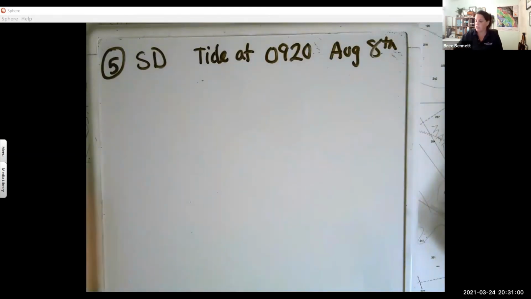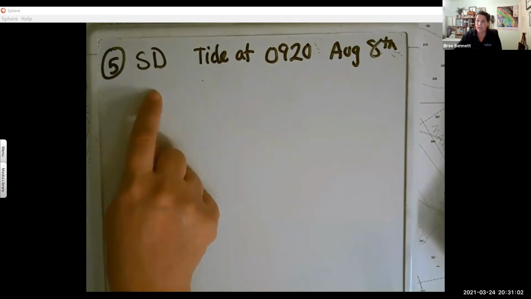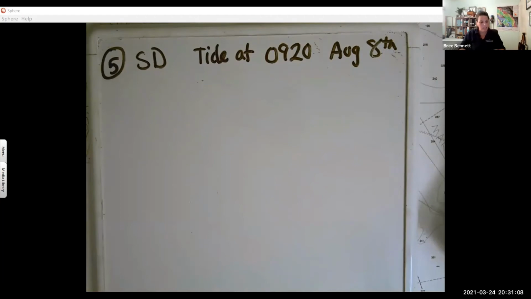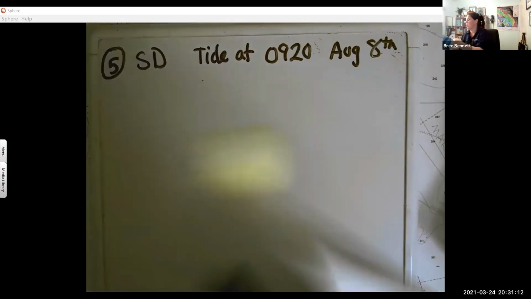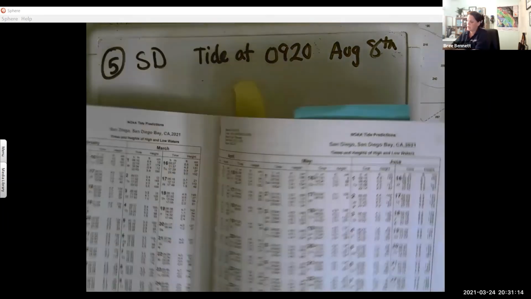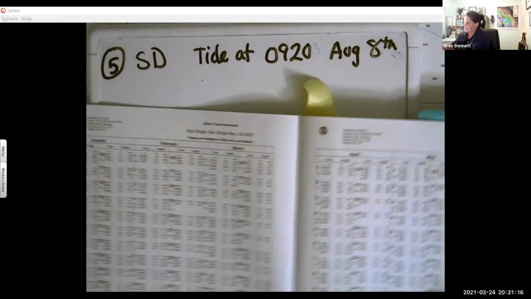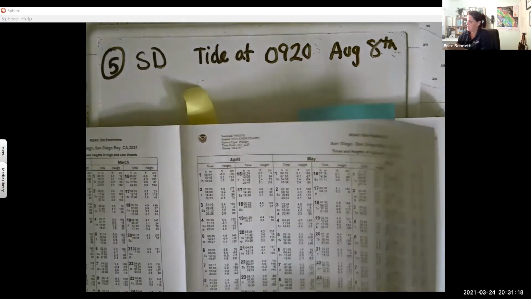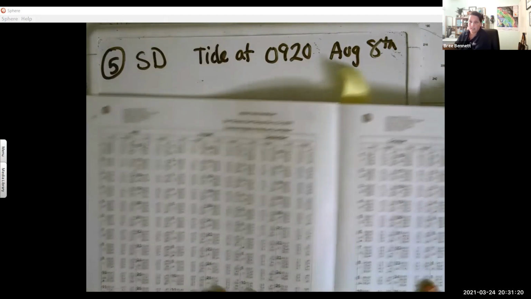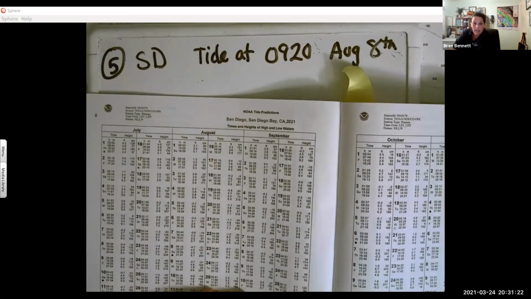So again, we're using the reference station, so we don't have to do any subordinate corrections. We're just going to look at our reference stations to see what times sandwich our 9:20 on August 8th.